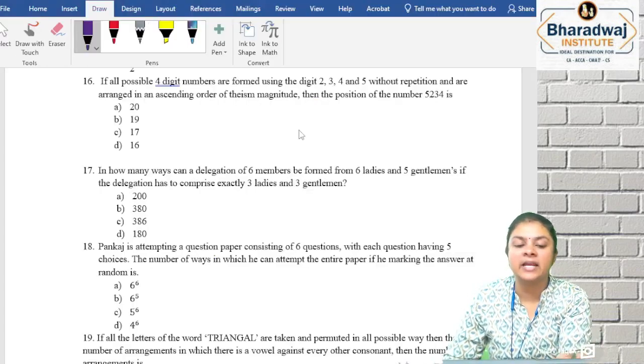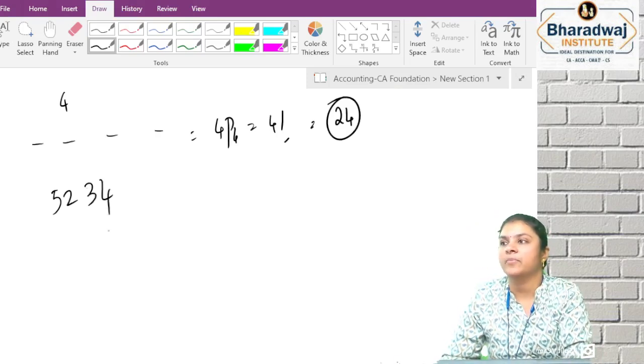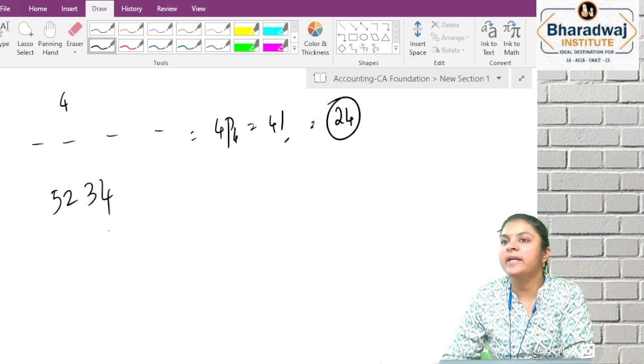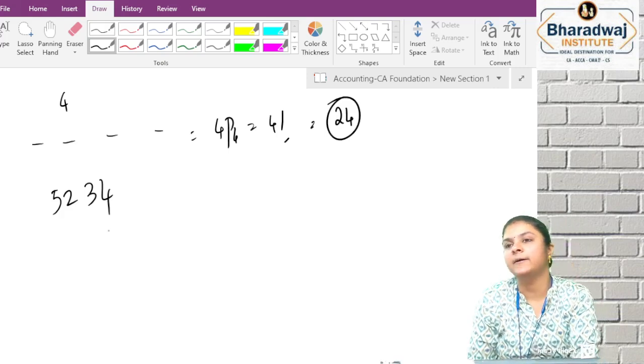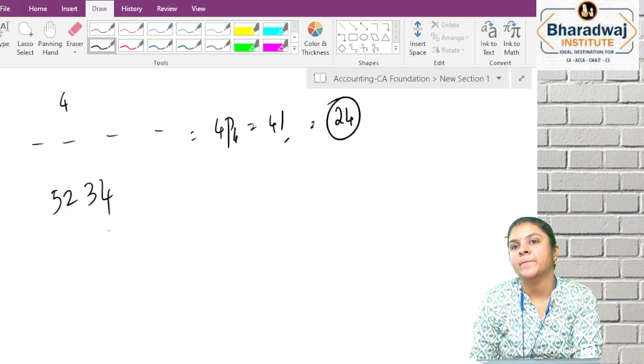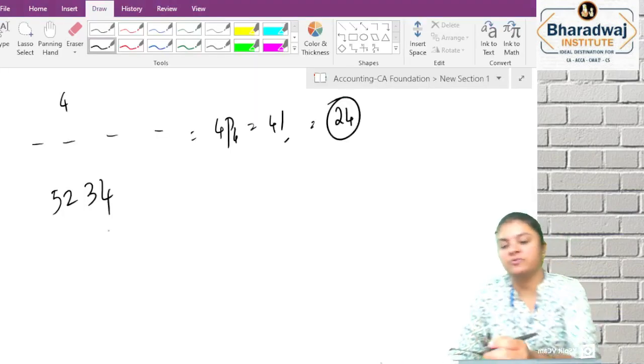Now they are asking the position of the number 5234. How do we do this ranking concept here? The numbers given to us are 2, 3, 4, 5.